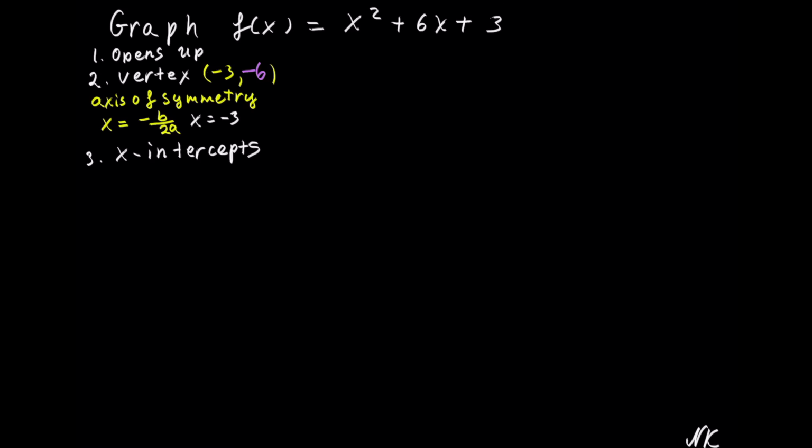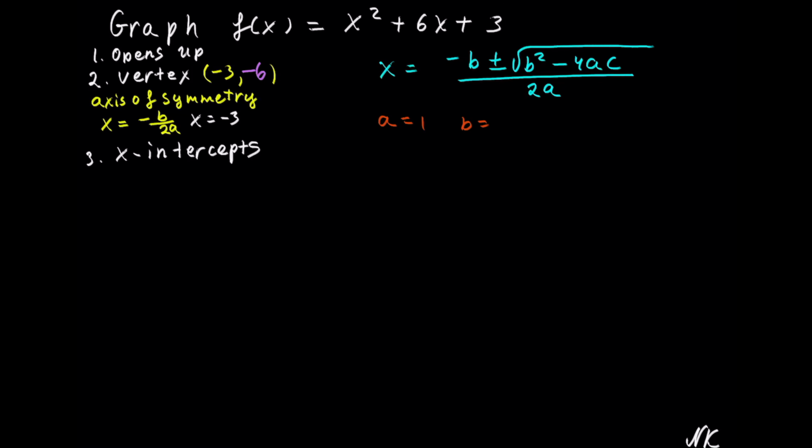So let's use the quadratic formula: x is equal to negative b plus or minus the square root of b squared minus 4ac, all over 2a. In this function, a is the coefficient of x squared, which is 1, b is the coefficient of x, which is 6, and c is the constant number, which is 3.